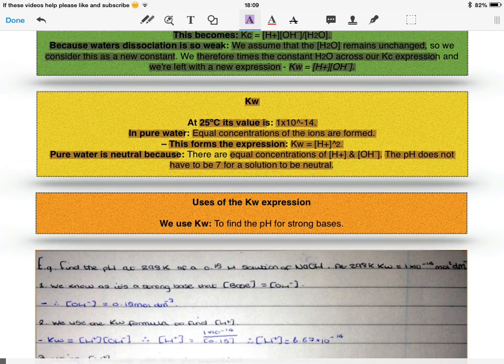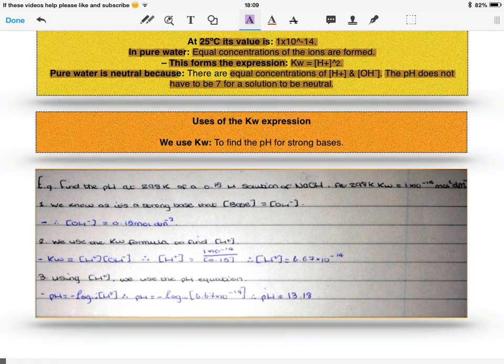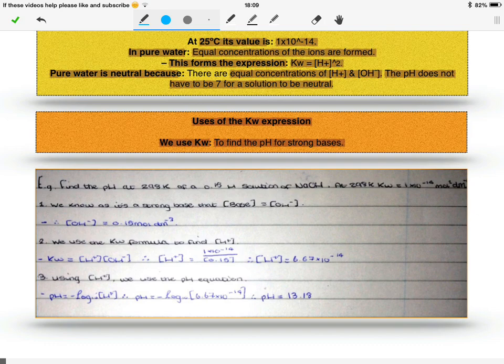So why do we even care and need to know about the Kw expression? Well, we use Kw to find the pH for strong bases, and I've just done an example below. The question was: find the pH at 298 Kelvin, which is 25 degrees Celsius, of a 0.15 molar solution of NaOH.